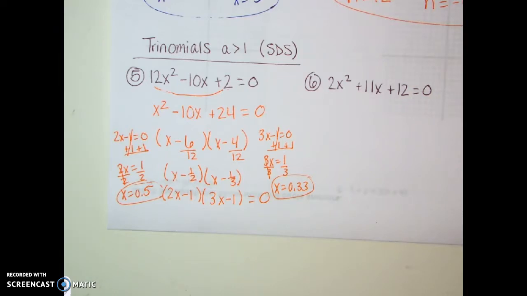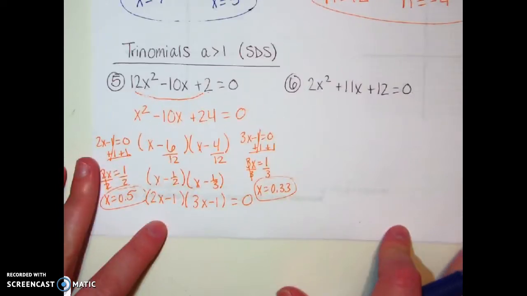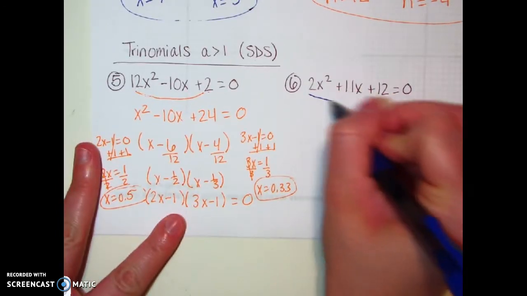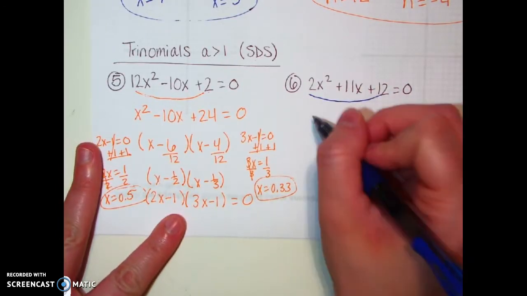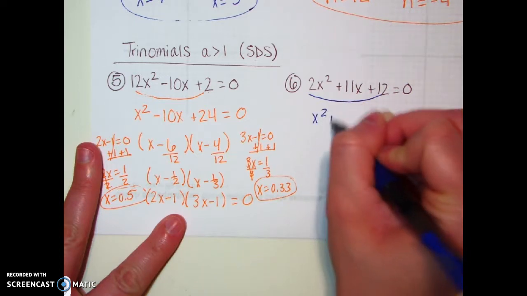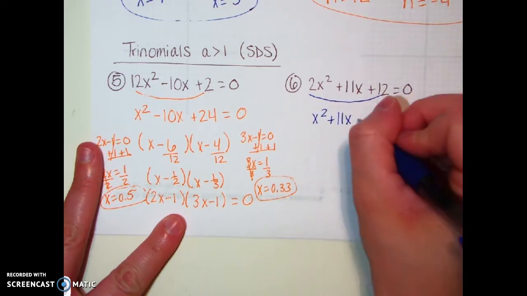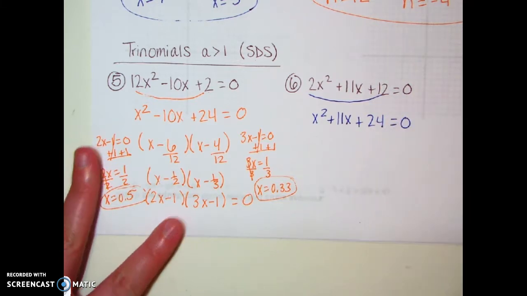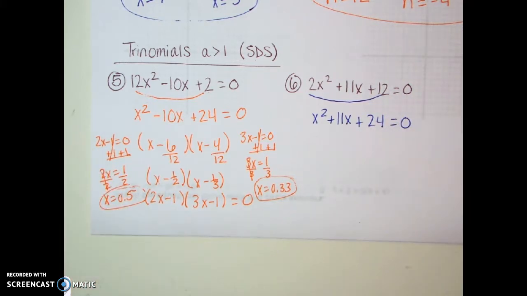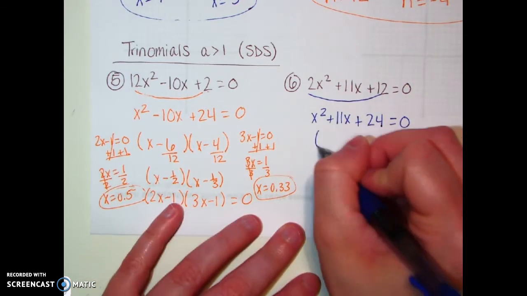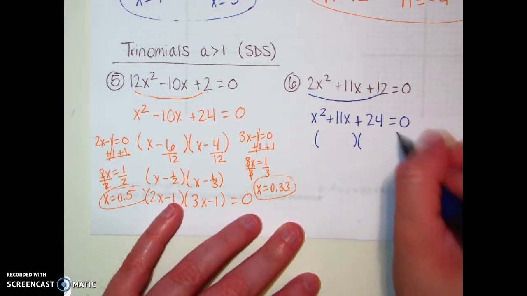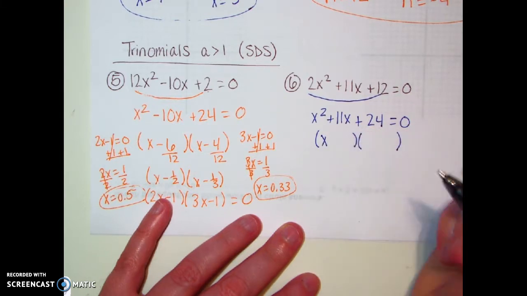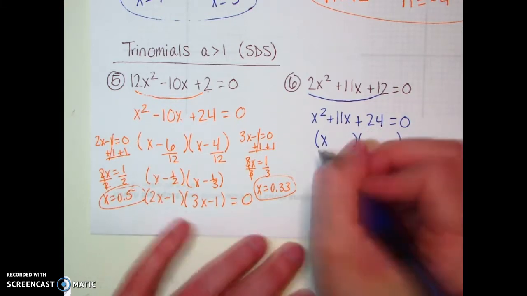Let's try number 6. So same method. I'm going to slide the 2 over and multiply. So now I have x squared plus 11x plus 24 equals 0. Now I'm going to factor it. So x, I think it's 8 and 3. Yeah.